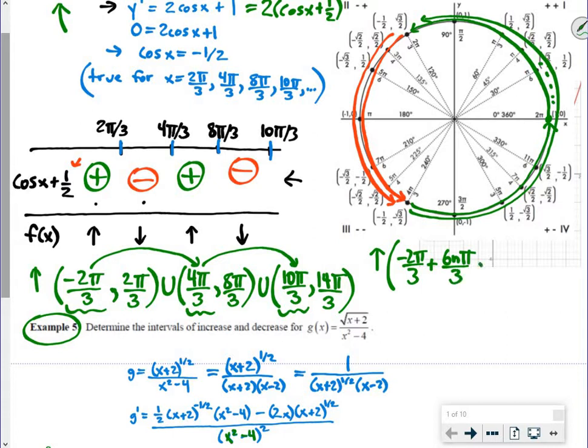So that's the front term, if you will. And then the second term, the upper limit on each interval, also differs by 6 pi over 3, right? To get from 2 pi over 3 to 8 pi over 3, add 6 pi over 3. And similarly, to get from 8 pi over 3 to 14 pi over 3, we need to add 6 pi over 3 as well. So that we could write as 2 pi over 3 plus 6n pi over 3.